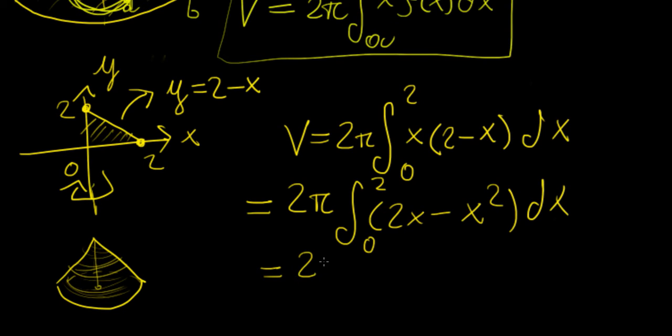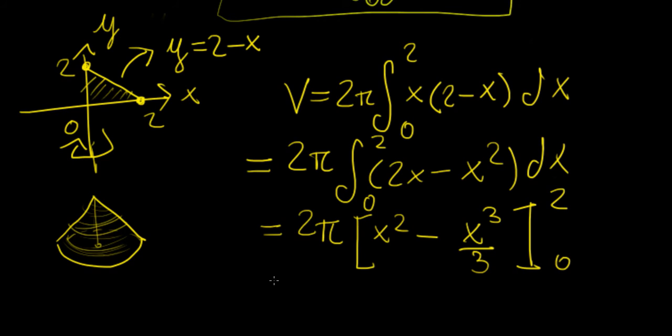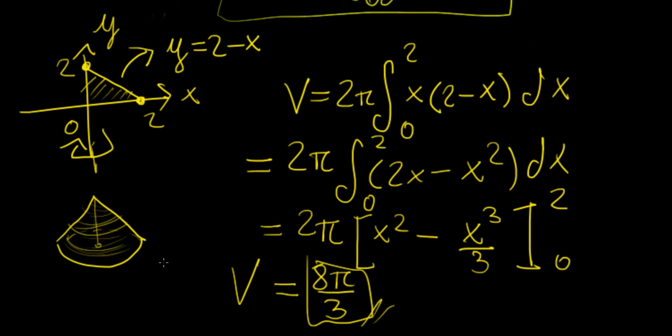This is going to be equal to 2 pi times x squared minus x cubed over 3, from 0 to 2. And once we input our values here, we're going to get the following volume. Volume is equal to 8 pi over 3. So that's the volume of this cone.